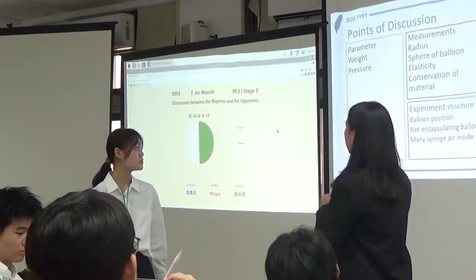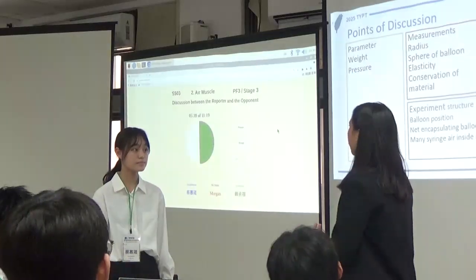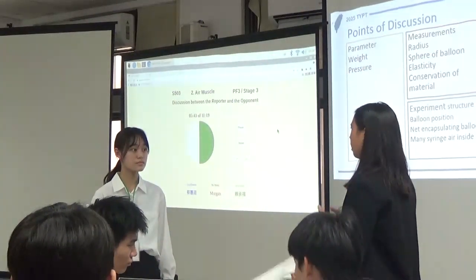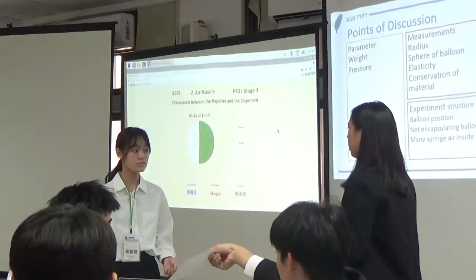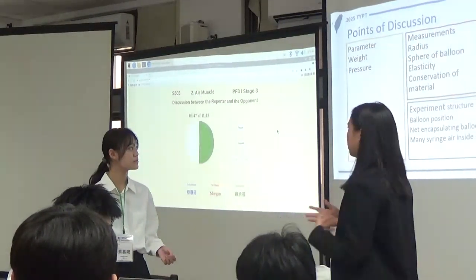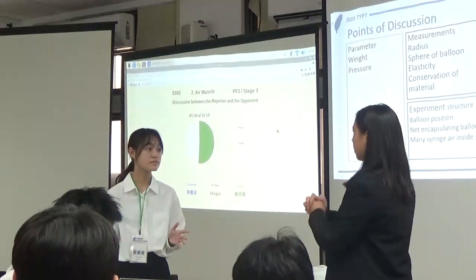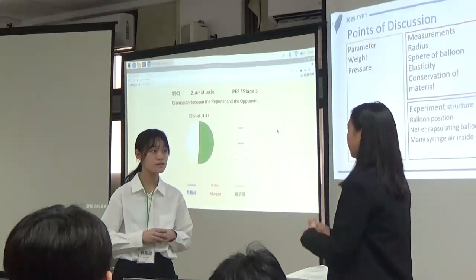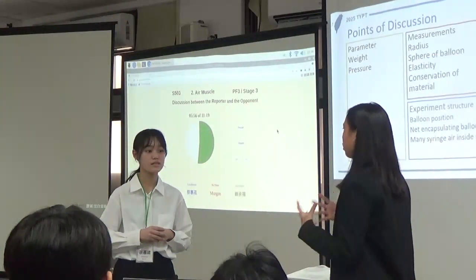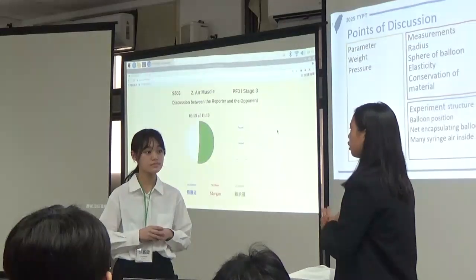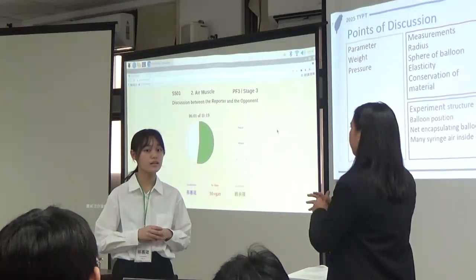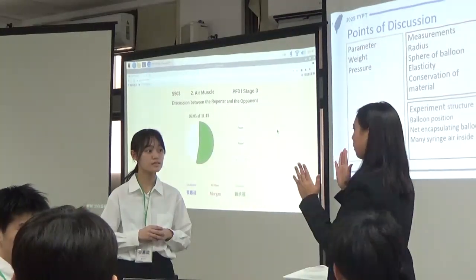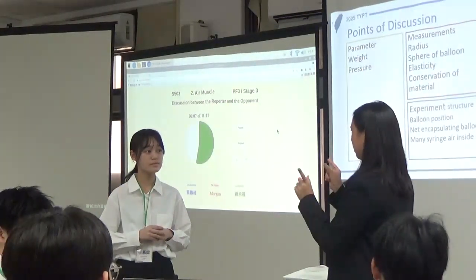And we use pressure as force over area, right? But as the balloon changes and more weight is added, the cross-sectional area also changes. Did you change the area based off of this? What do you mean? Because the pressure is force over area, right? And the area is the cross-sectional area of your balloon. As the balloon changes its area, and therefore the middle part, as you said, when weight is added, the balloon's width decreases.